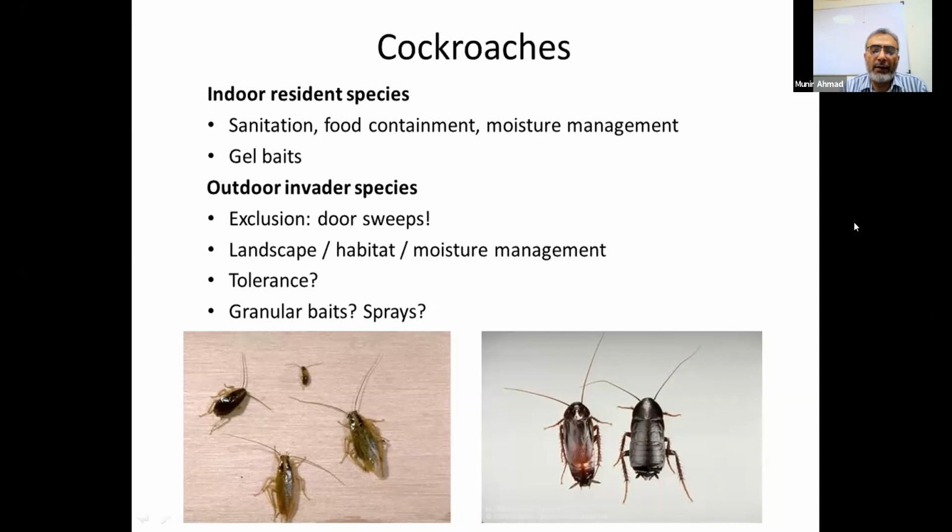But even then, the sewage lines are the best places for the oriental cockroaches to multiply. So sanitation again becomes the most important method of control, so that we can manage the roaches under the limit. Or even if they are present, the safest option is the gel baits, which are commonly available in the market as a syringe.